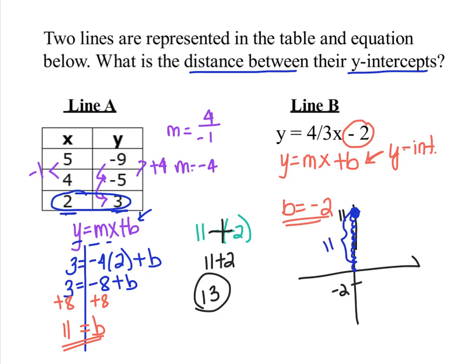Again, if I start at 11, just to get down here, I have to go down 11. And then to get down to negative 2, I would have to go an additional 2. And so if I go down 11, if I go down another 2, that means I'm moving a total of 13 spaces.